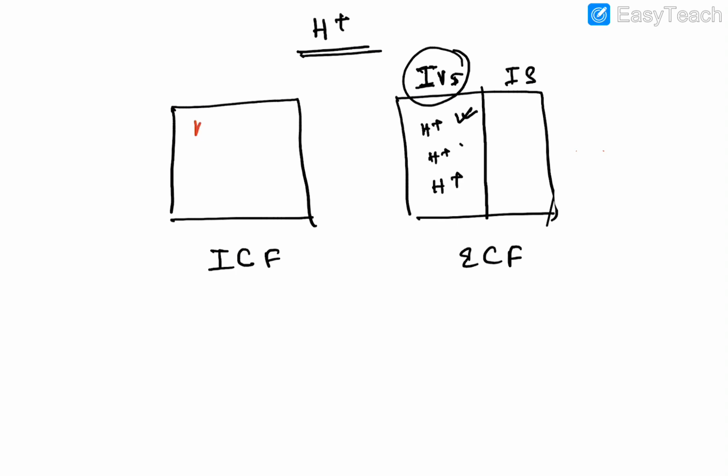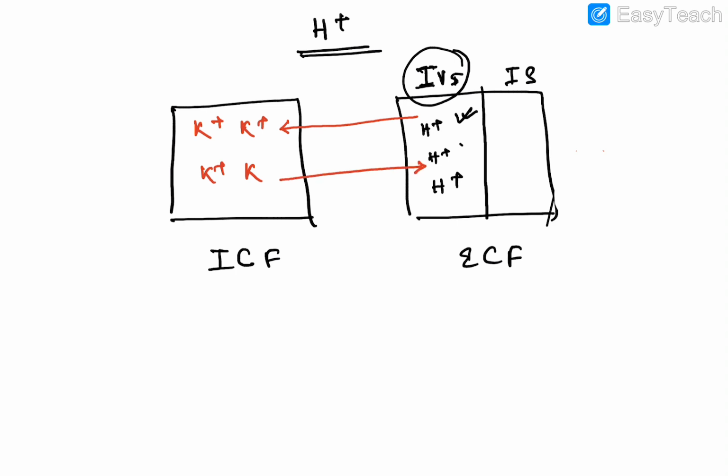And we know that in the intracellular fluid, there is potassium. Potassium is the major intracellular fluid cation. Now, the body tries to deal with this acidosis by shifting H plus from the intravascular space into the intracellular space, and because one positive ion moves in, one positive ion has to move out.